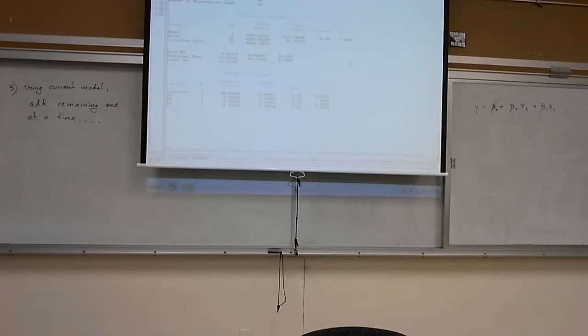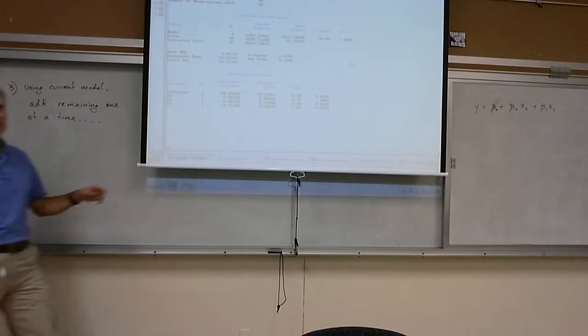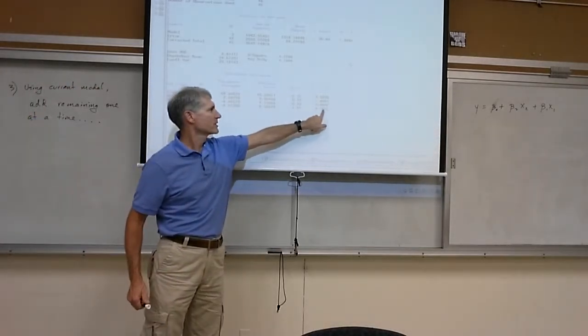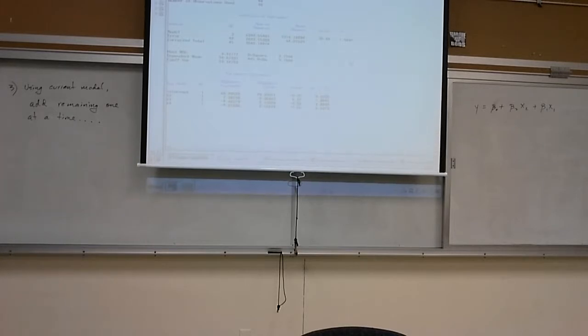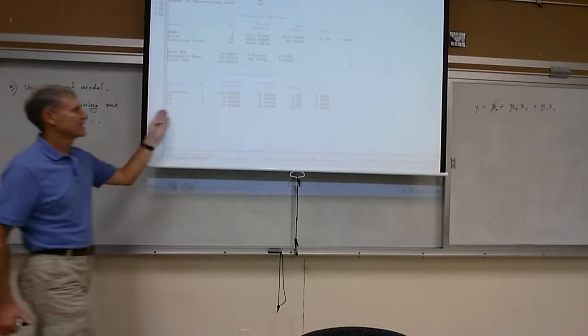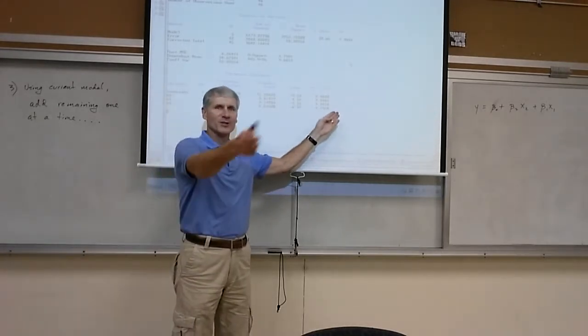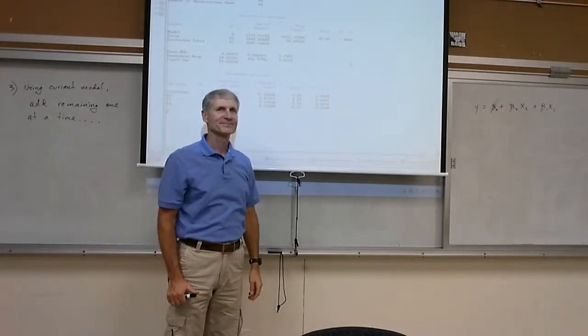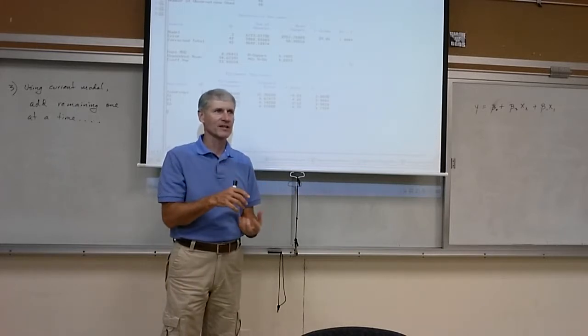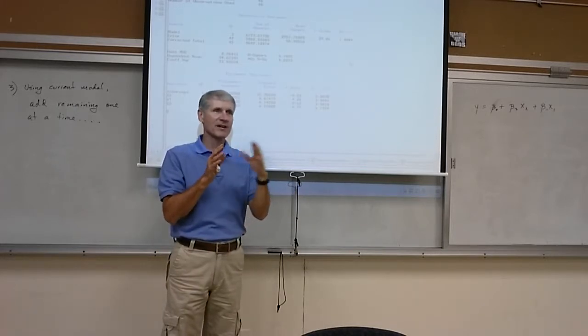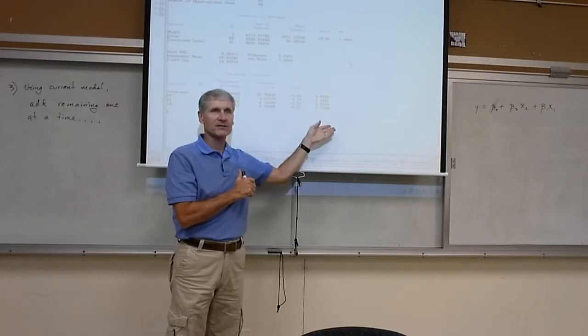And there's x4. Is it significant? No, x4 is not significant. x3, not significant. So when do you stop? When none of the remaining ones are significant at a pre-specified level of significance.